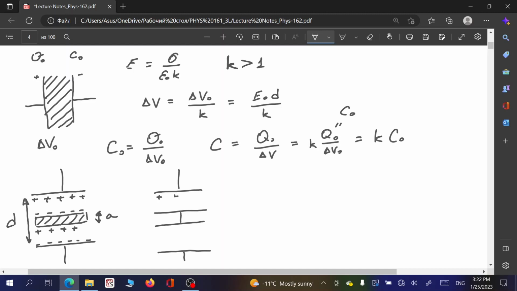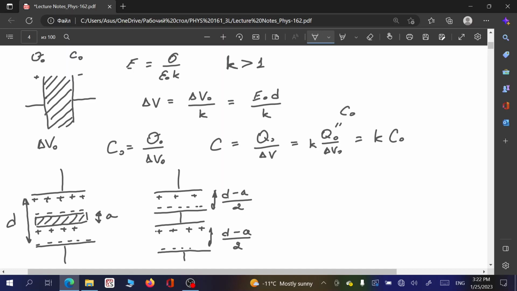Plus, minus, plus, minus. And these two parallel plate capacitors will possess a distance between plates of (d minus a) over 2, and here the same (d minus a) over 2.